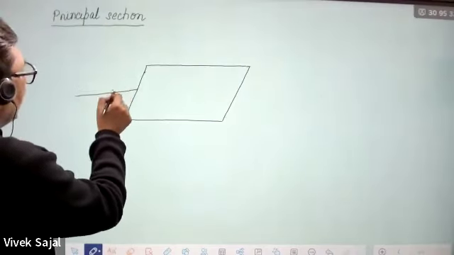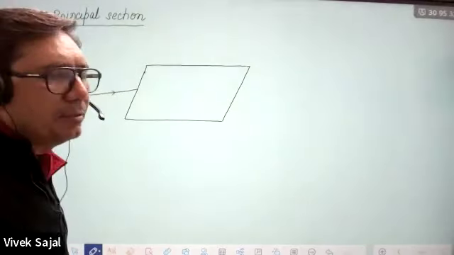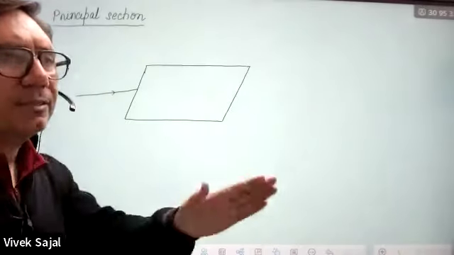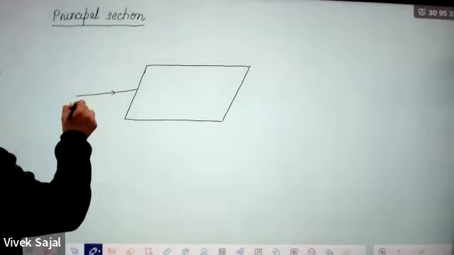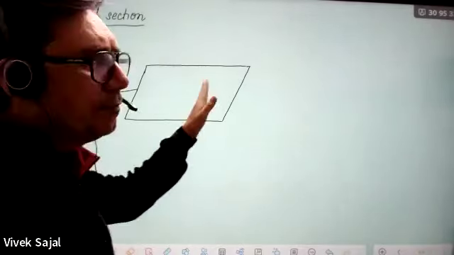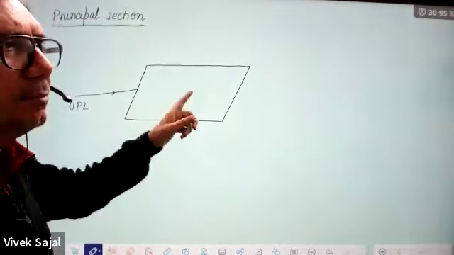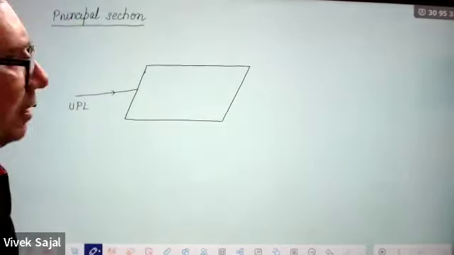This line represents the propagation direction of the incident light, which is unpolarized light.